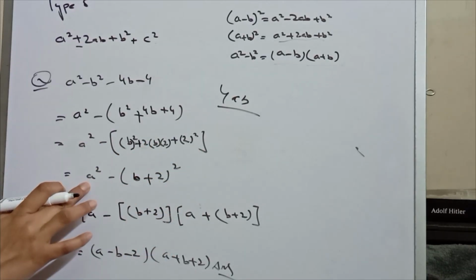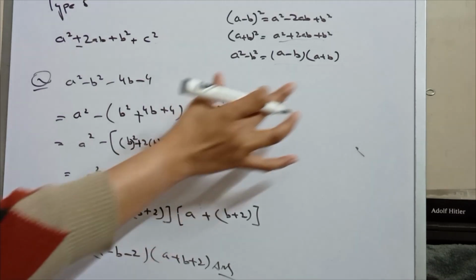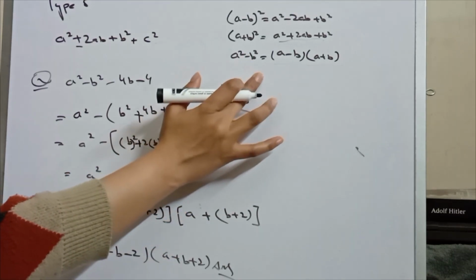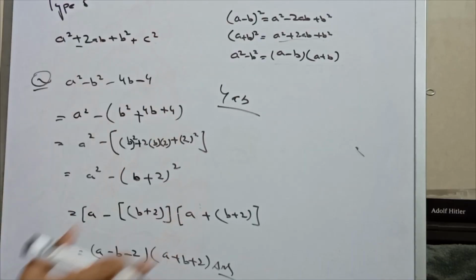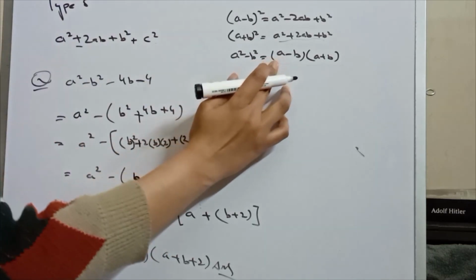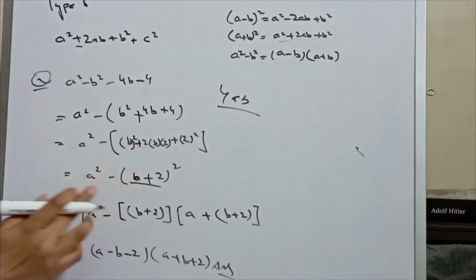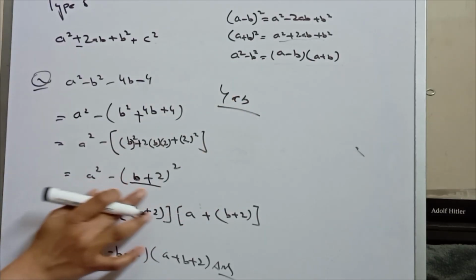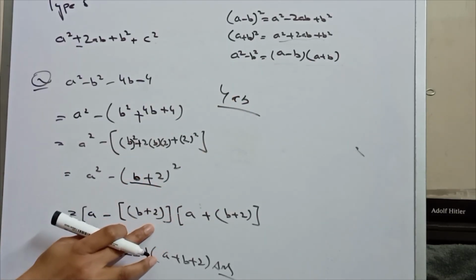Now it becomes a square minus b square. I can easily apply the last formula: a square minus b square equals (a minus b) into (a plus b). Now they have given us a big term, b plus 2. Formula is (a minus b)(a plus b). What is a here? This one. What is b here? This whole term, b plus 2.